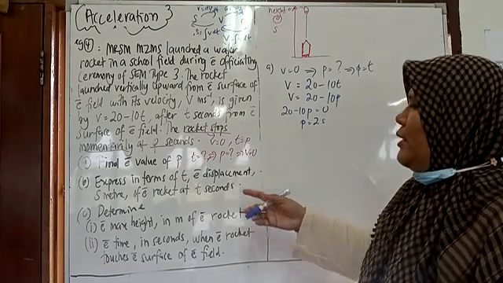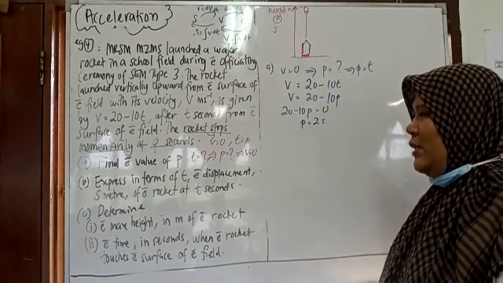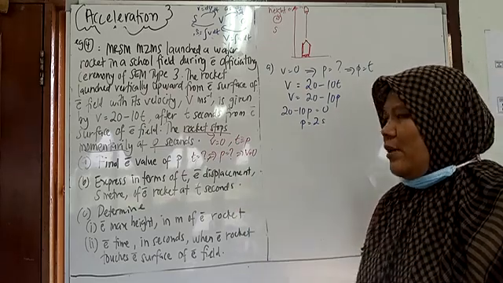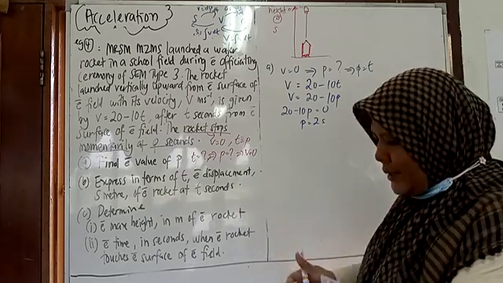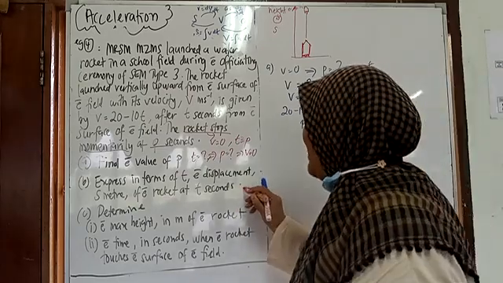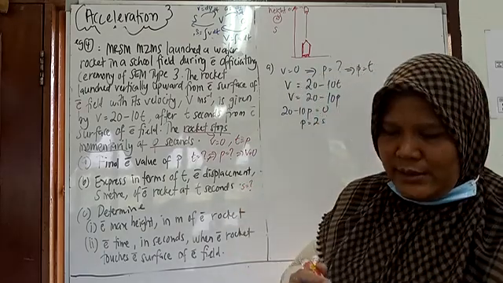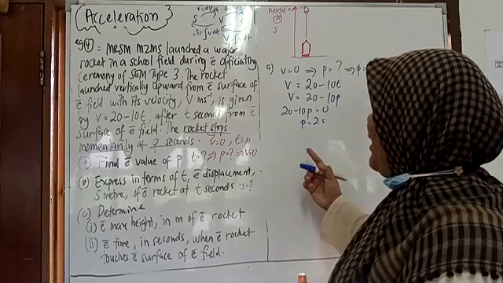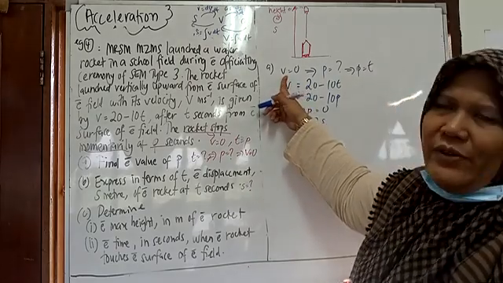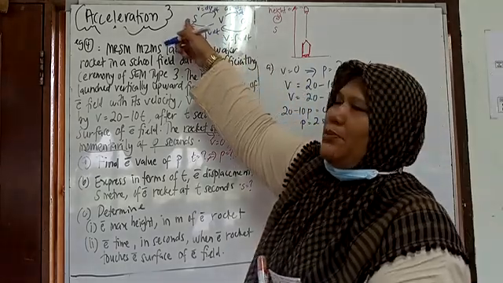Next, express in terms of t the displacement of the rocket. So the question asks for the function of s. Again, when we are given velocity v, how can we find displacement?